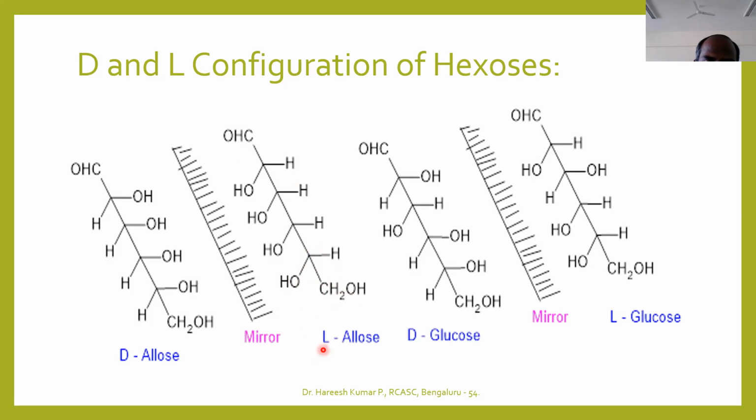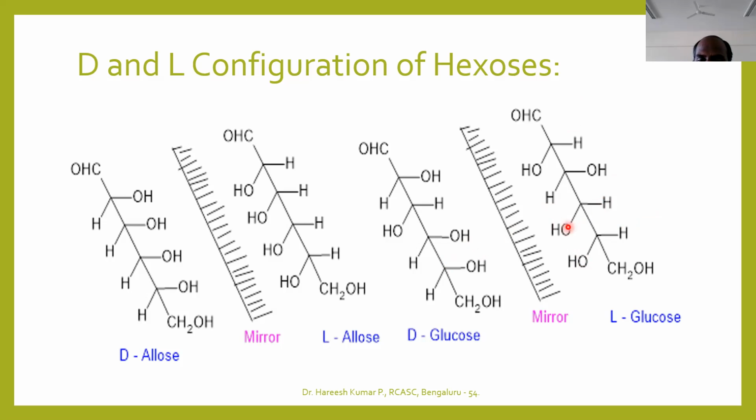That is the reason it's called L allose. So this is how you can assign D and L to allose. Similarly, you can take glucose. So glucose means OH, H, OH, OH is called glucose. The mirror image is one with OH, H, OH, OH, and the remaining you can write.